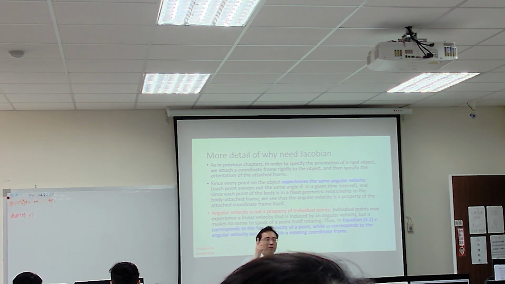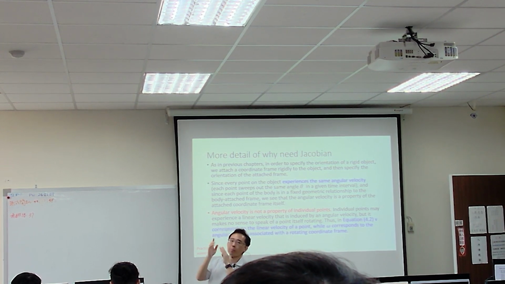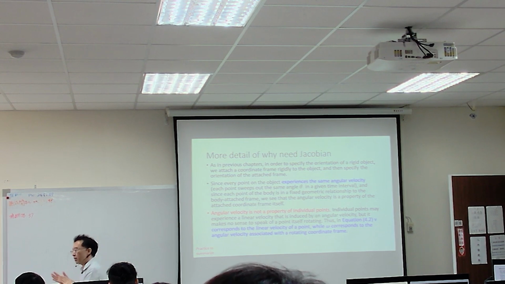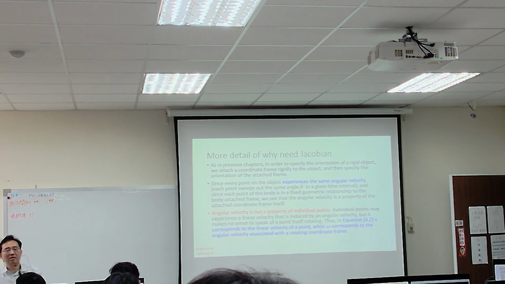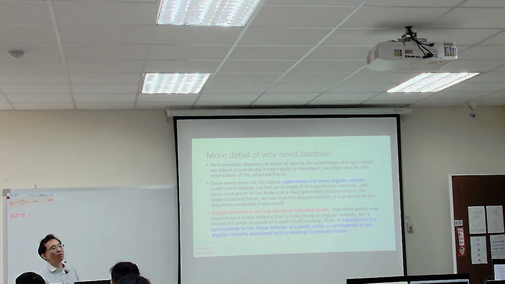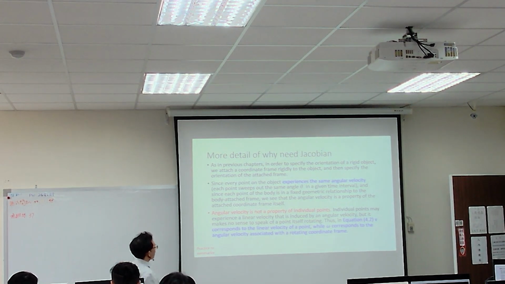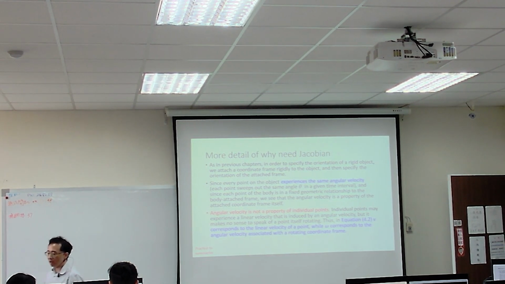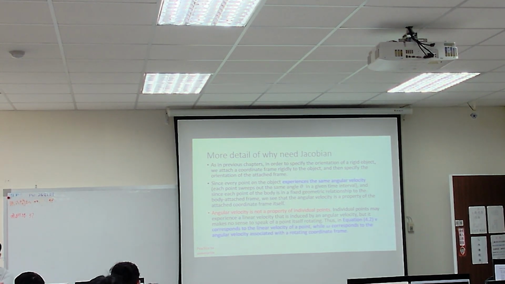But how about the fingertip or the palm center? If I need that velocity, the angular velocity is not quite full information. So that's why we need the linear velocity corresponding to the angular velocity. This is my summary for this section.